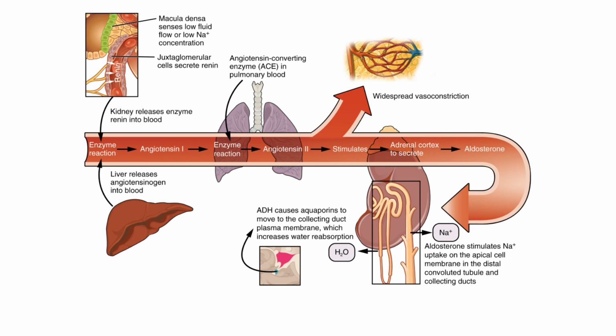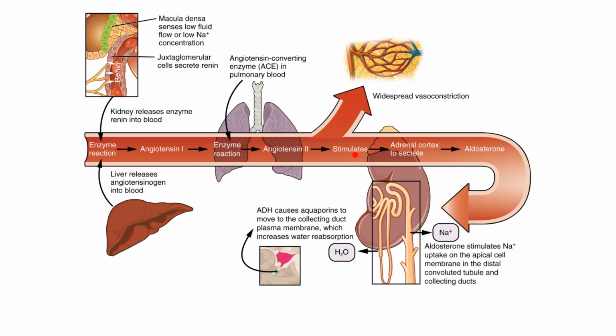When the blood passes through the lung system, there is another enzyme called angiotensin converting enzyme, ACE. It's actually in the blood vessels of the lung. It converts angiotensin-1 to angiotensin-2. This is the active compound.